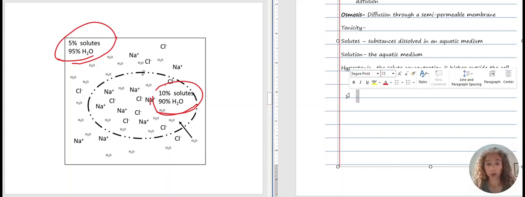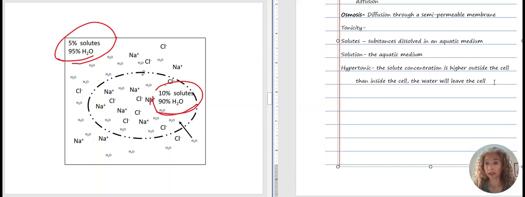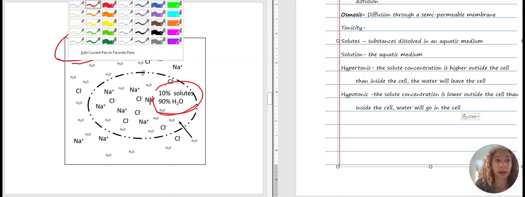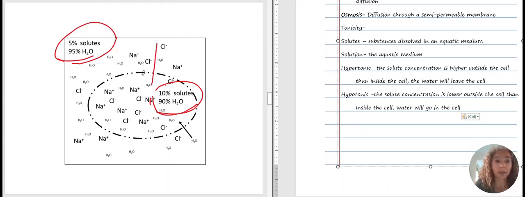In this situation, this cell is considered to be hypotonic. The solute concentration is lower outside the cell than inside the cell. And because of this, water will go inside the cell. That will cause the cell to swell.